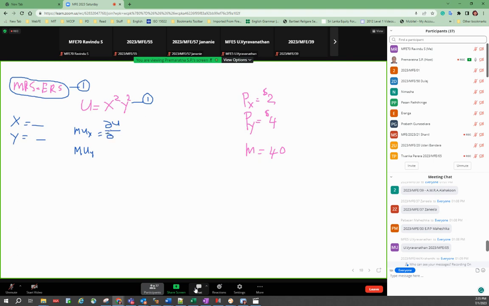So the answer becomes 2x y power 2. To find MUY, differentiate with respect to y. You get 2x power 5.